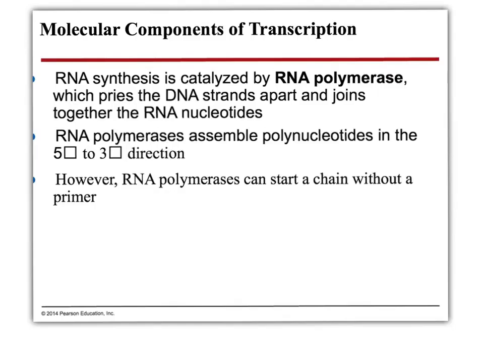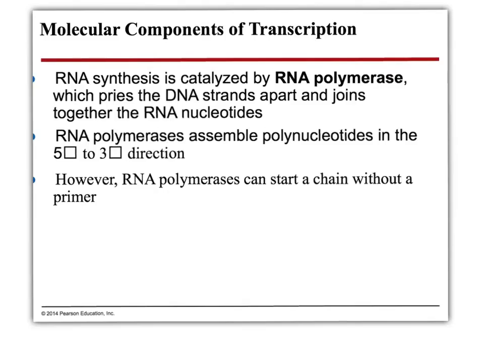Right? RNA nucleotides are assembled in a 5' to 3' direction. Why in a 5' to 3' direction? The free 3' OH. Okay? So we're always going to add it. Okay? But unique about RNA polymerases, they don't require a primer. Okay?